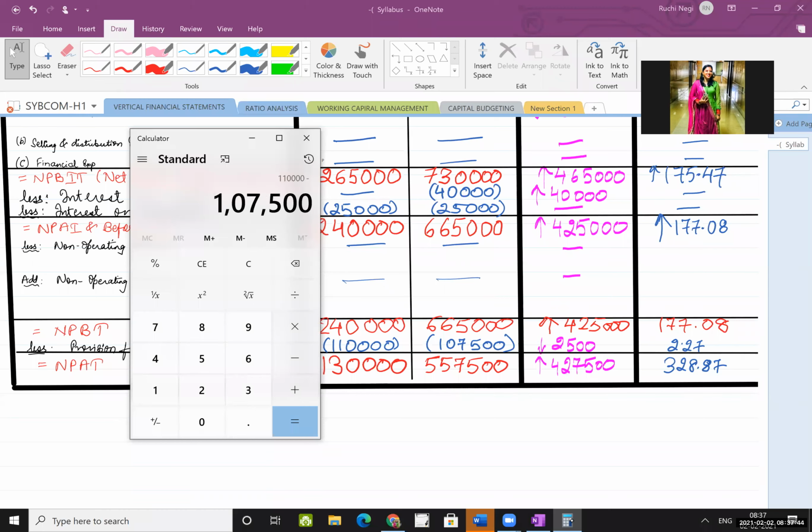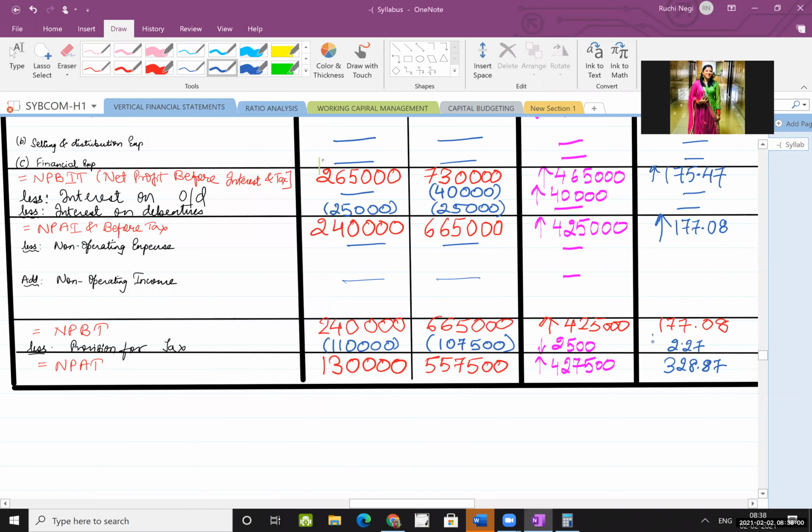It has decreased by 2,500. Decrease in provision for taxes divided by 1,10,000 into 100. So 2.27. See, it has decreased.